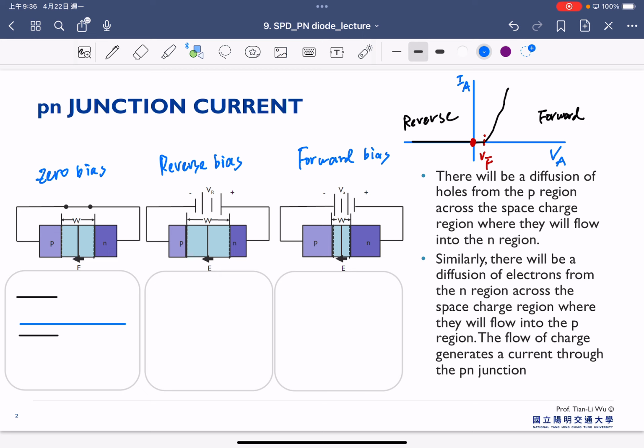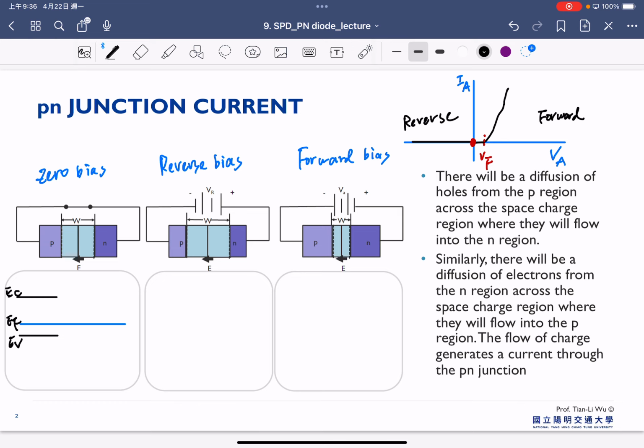This is our Fermi energy, EF, this is our conduction band, and this is our valence band. Since there is no bias given, the Fermi energy should be flat in the whole system.